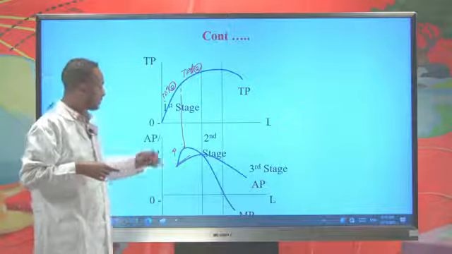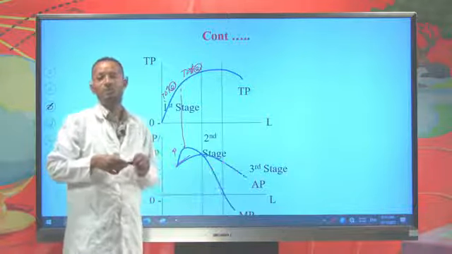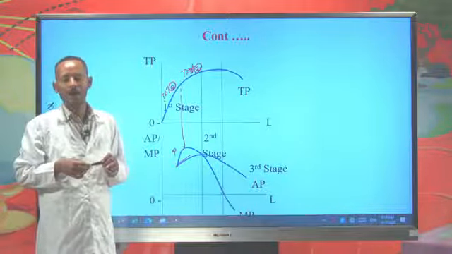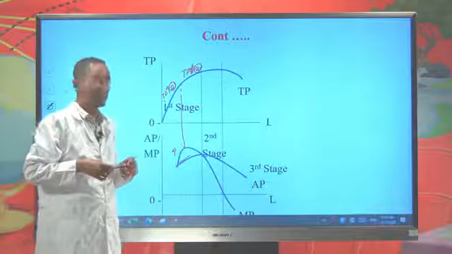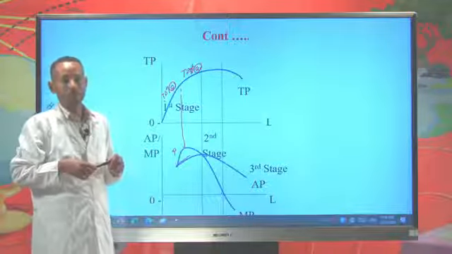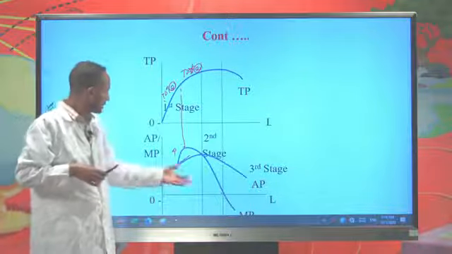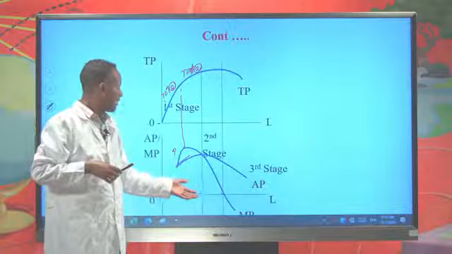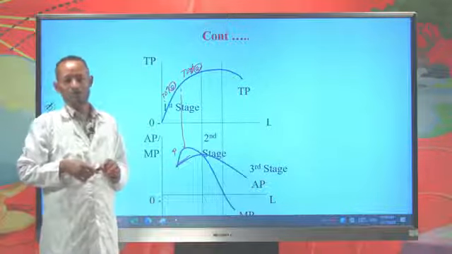In the third stage of production, the additional output that we get from additional employment of the variable input labor is negative. Hence, the firm is advised to reduce employment of the variable input labor. So, a rational producer is advised to produce in the second stage of production where AP is above MP but the MP is positive.